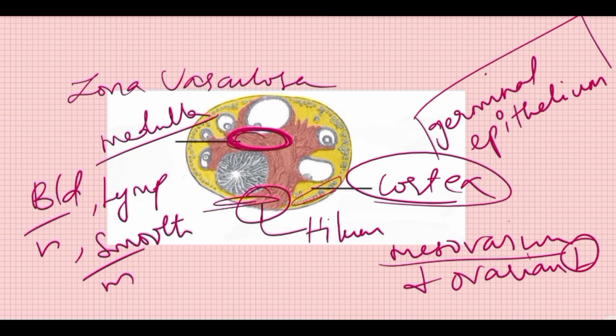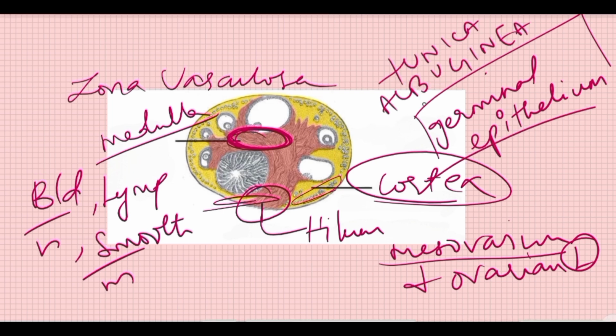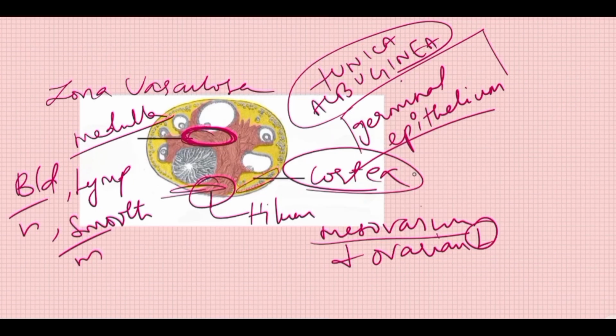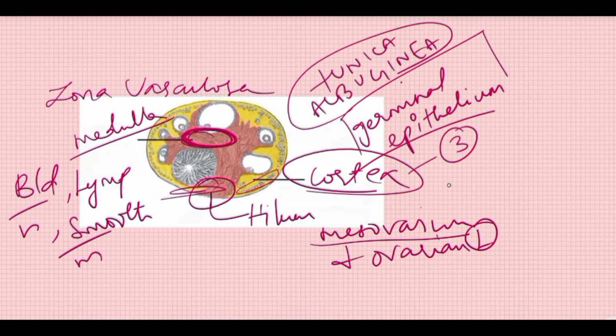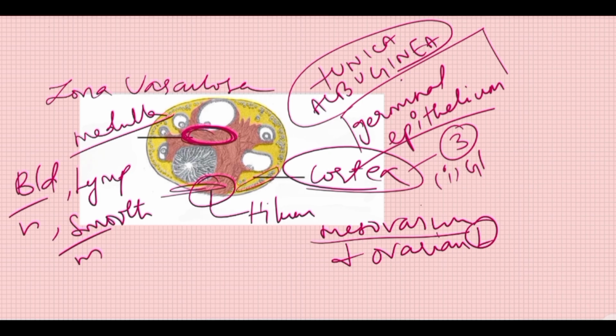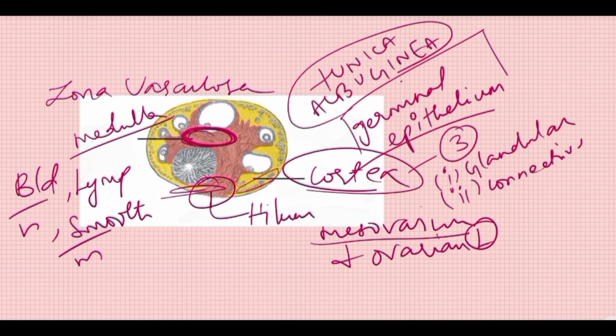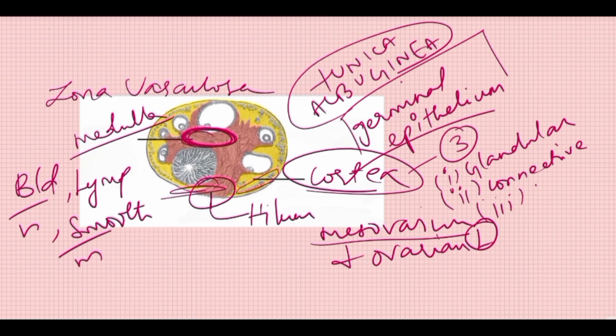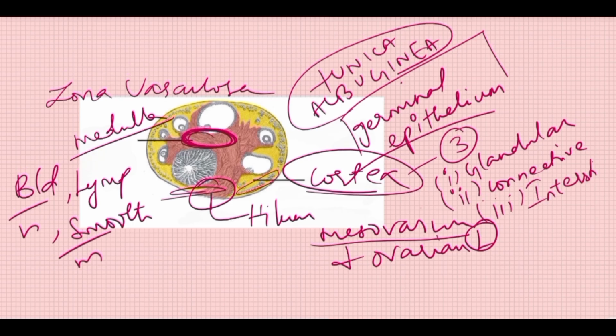The cortex is lined by the germinal epithelium. Under this germinal epithelium is a fibrous layer known as the tunica albuginea. The cortex has three layers: first the glandular structures, second the connective tissue cells, and third the interstitial cells.